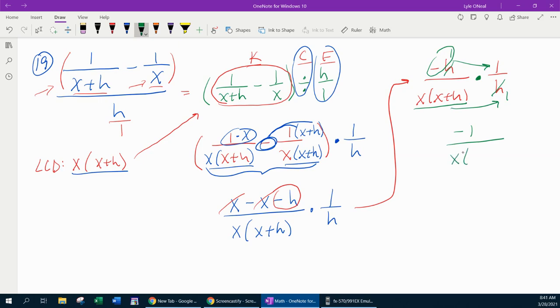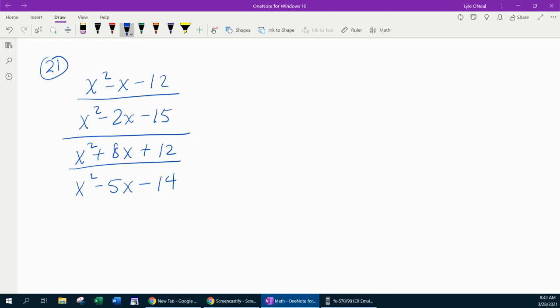Anything times 1 is itself. And you know you're done in this problem when you have only one fraction left. Remember, our ultimate goal is to get there to be only one fraction bar. And we're done. And for our last example in this lesson, number 21, I did save the best for last.